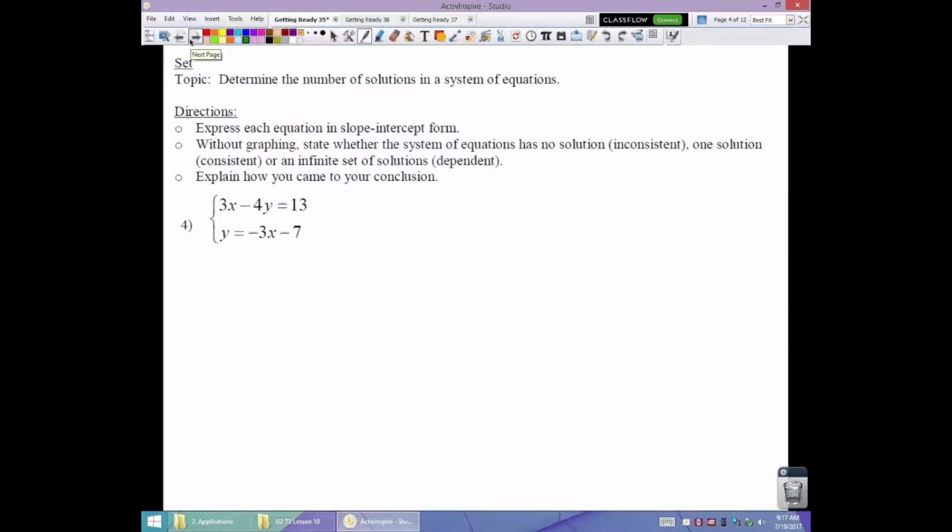All right, directions are changing here. Now we have systems of equations rather than inequalities, and we're really looking at determining the number of solutions.